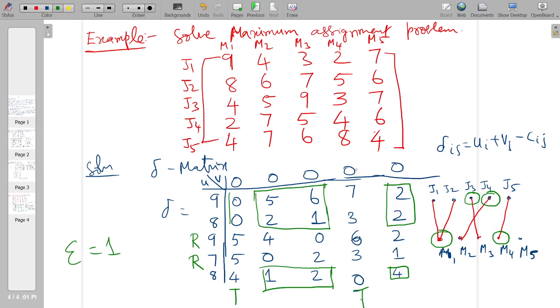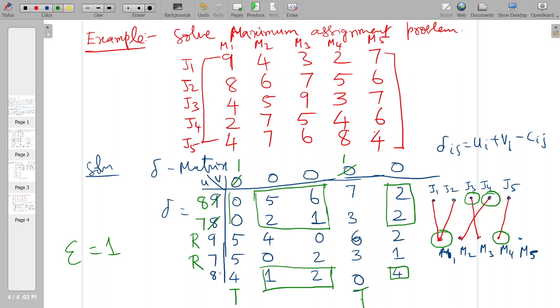Now I add this 1 to the values of V against the column T, and wherever I don't have a row which is marked R, I subtract this 1 from the values of U. So my updated values row-wise would be 8 7 9 7 8.